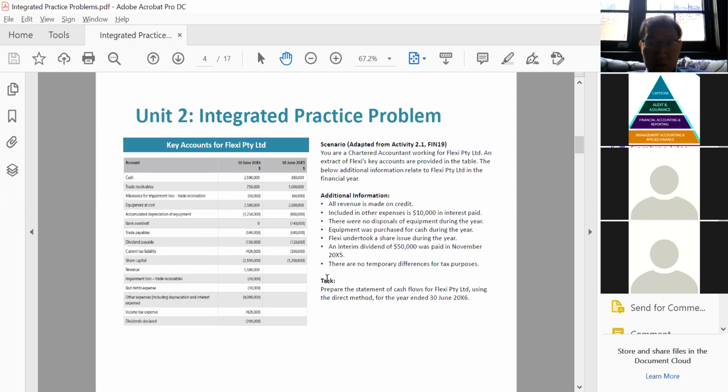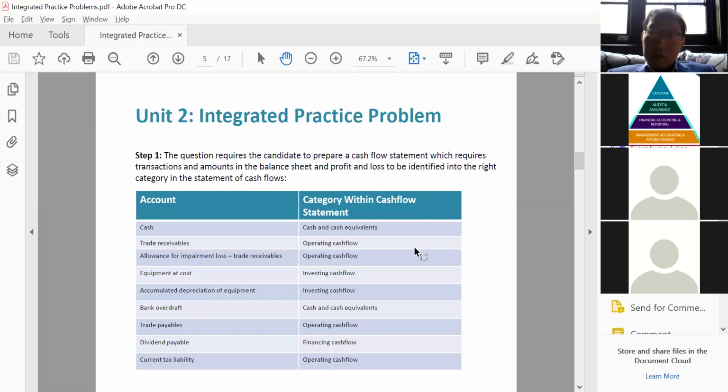Flexi undertook a share issuance. An interim dividend of 50,000 was paid, and there are no temporary differences for tax purposes, which means that the accounting treatment and the tax treatment are all the same. Okay, so how should we go about doing this problem?